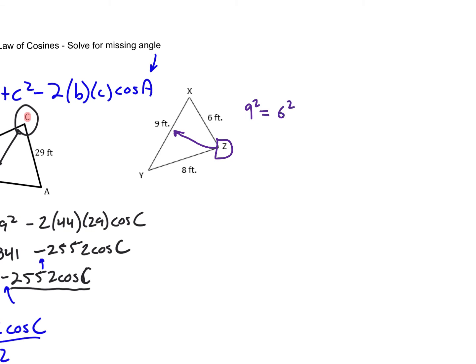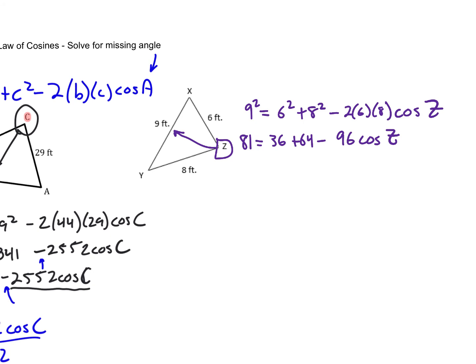So 9 squared equals 6 squared plus 8 squared minus 2 times 6 times 8 cosine of Z. Now starting to multiply things out: minus 2 times 6 times 8 should be 96 cosine of Z. So 36 and 64 is going to be 100 minus 96 cosine of Z.